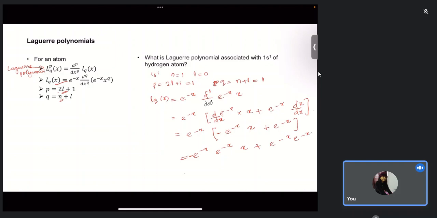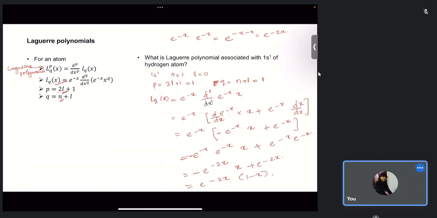This is going to be minus e raised to minus 2x times x plus e raised to minus 2x. So this can be written as e raised to minus 2x into 1 minus x.